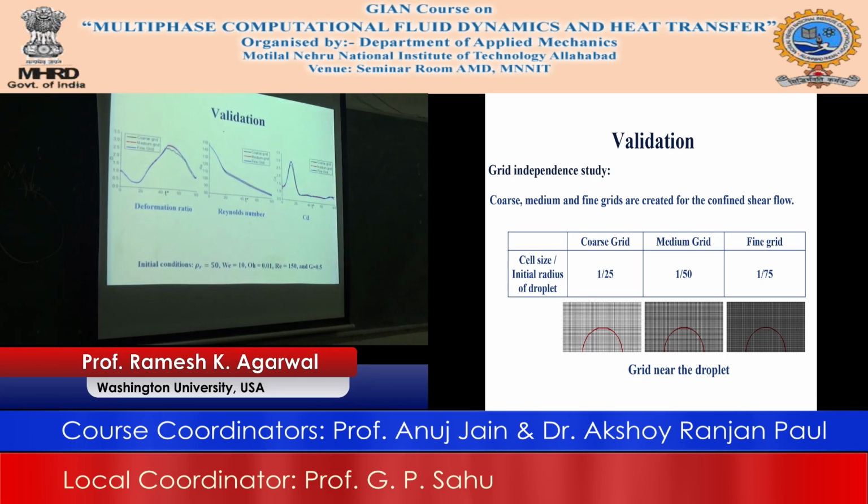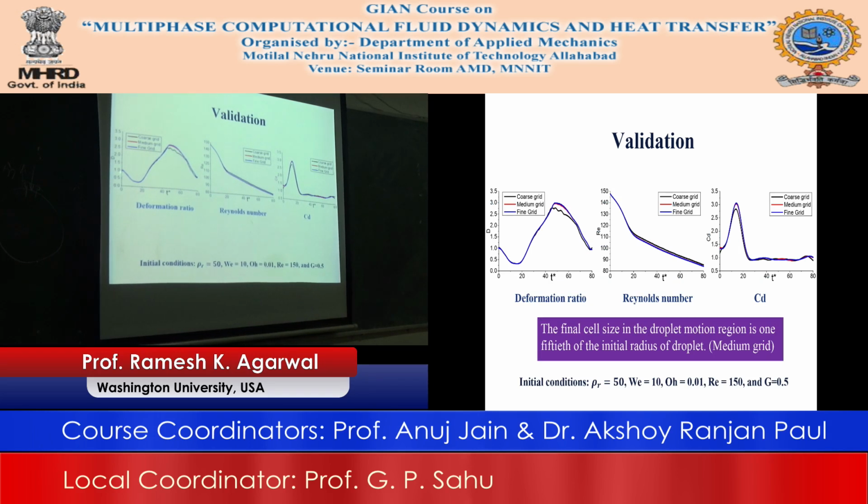What you see here is the evolution of CD, the total drag, with respect to non-dimensional time, and this is the change in the Reynolds number with respect to non-dimensional time, and these are the initial conditions. What you find is that a medium grid is good enough. So black and blue are good enough, and all the calculations that I will show you are done on the medium grid.